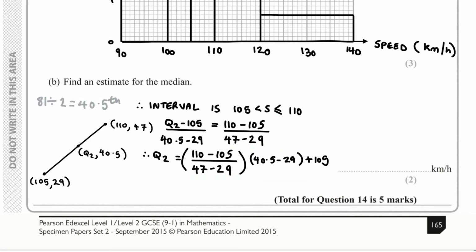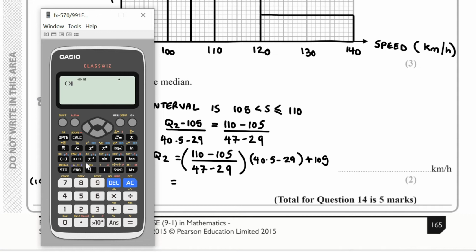So if I work this out, Q2 is going to equal, through linear interpolation, I've got here 110 take away 105 over 47 take 29, and this is multiplied by 40.5 take away 29, and then I'm going to add on 105.